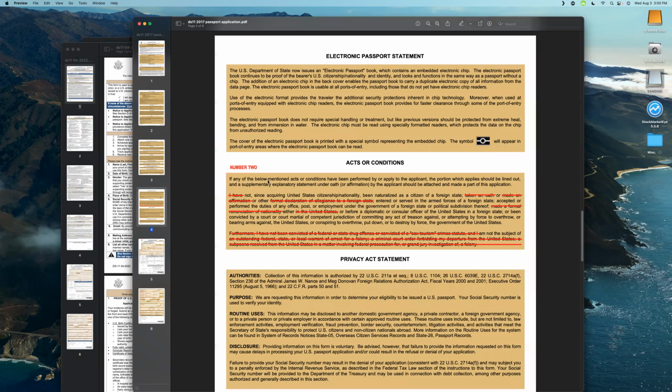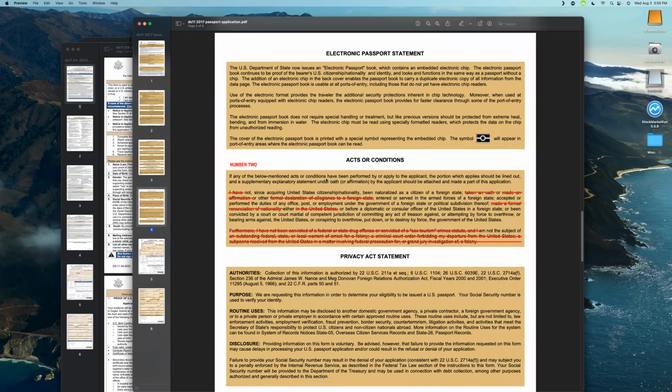If any of the below mentioned acts or conditions have been performed by or apply to the applicant, the portion which applies should be lined out. And that's what we did here. We lined out the specific words and phrases that apply to me. If you did not do this using this application at the time it was valid, then you are saying otherwise.